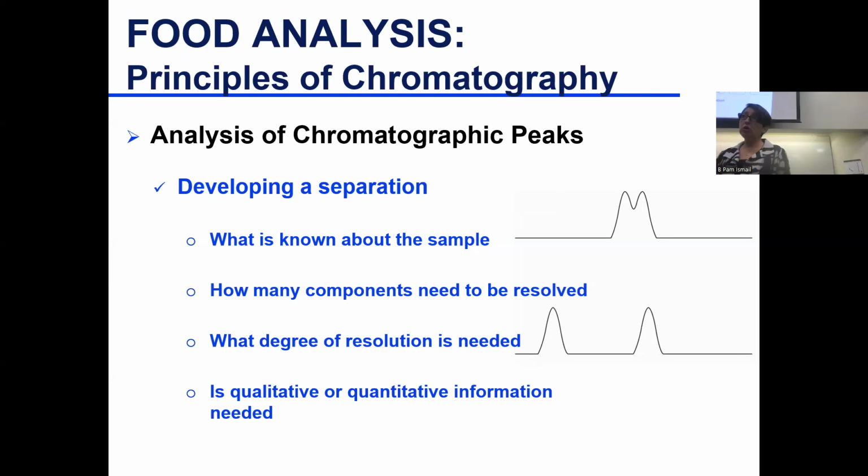So resolution of two peaks or multiple components is very important in chromatography. And sometimes you need to determine how much separation is important for your work. Do you want to separate it just enough so that you can identify? Or do you want to separate it so that you can quantify?